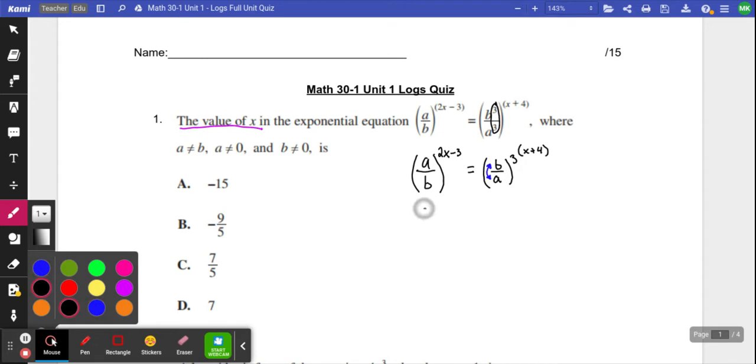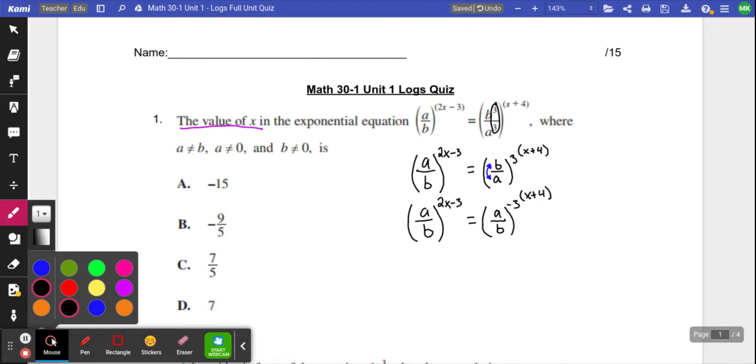Right? So that right side, I could flip that fraction if I make the exponent negative. So it becomes a over b. The fraction flips, but now it's negative 3 instead of positive 3. Like that.